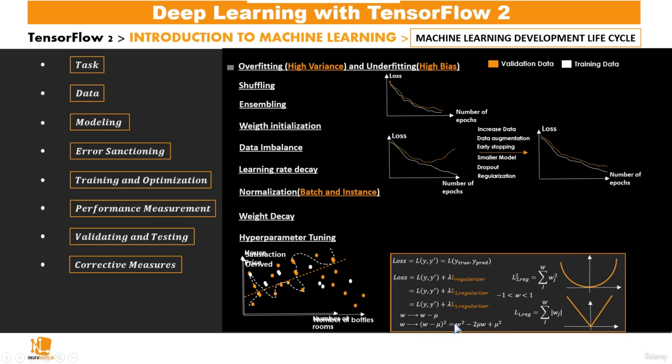Now if we try that for the L1 regularizer, that is picking mu equal to 0, we'll end up with the regularizer still being the same value, 0.1, and this doesn't reduce the L1 regularizer value.